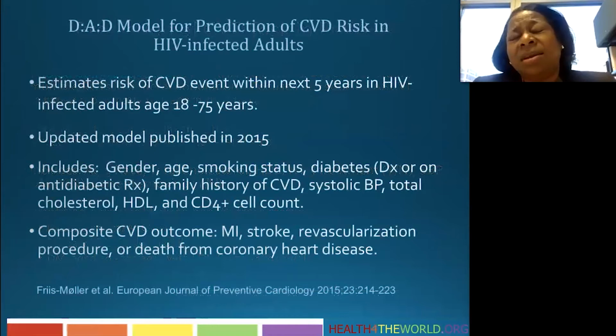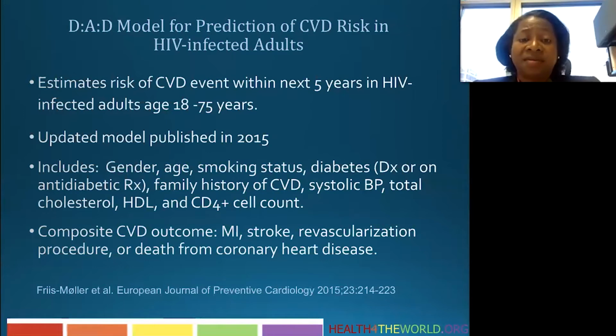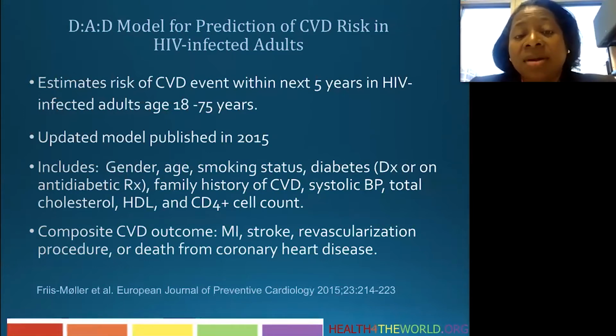And the DAD study, which I talked about earlier, is this data on adverse drug events in people with HIV, devised their own model that included some HIV-specific risk factors. It estimates risk of CVD event within the next 5 years. The advantage of the DAD model is that it's applicable for people as young as 18, so it goes from 18 to 75 years.